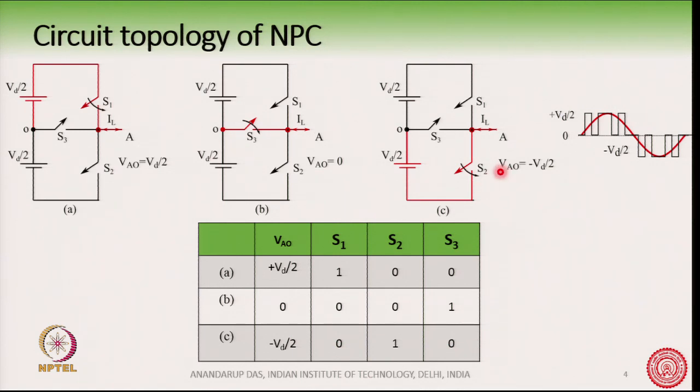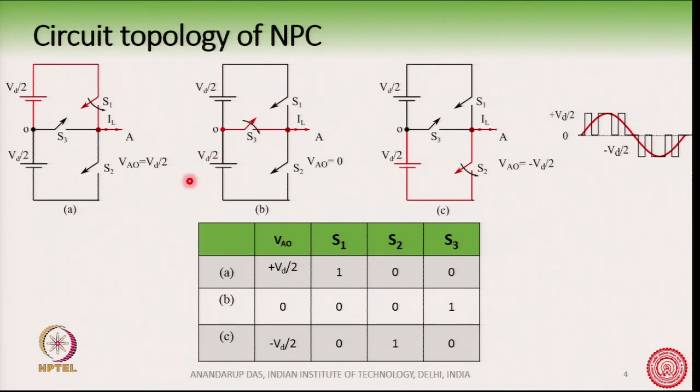These switches are ideal 4 quadrant switches. So, they can carry current in both directions and can block the voltage in both directions. Now, if I want to get the midpoint voltage, the O point is often called the midpoint because it is the midpoint of the 2 DC sources.